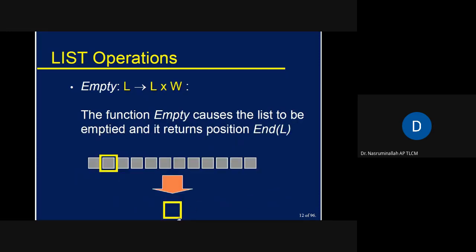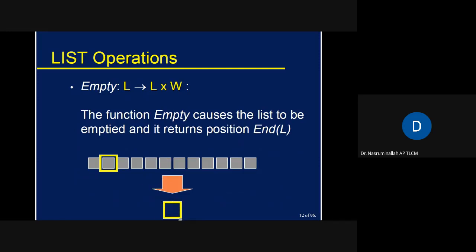Another important operation is empty L. In this operation, we need a function to which we will pass an existing list that may have any number of elements, but the output of this empty operation will be that once you pass that list to this function, it will return an empty list.